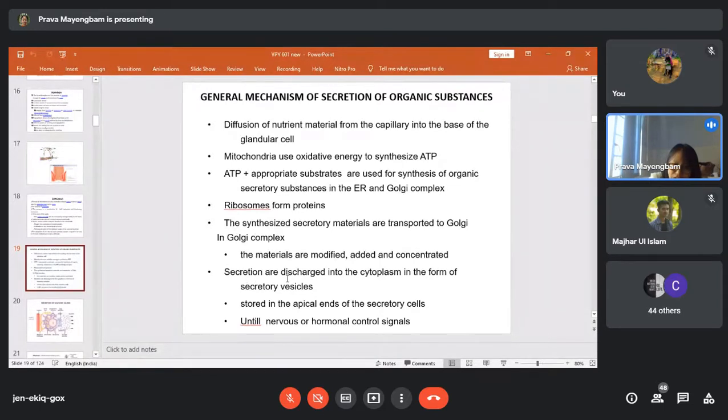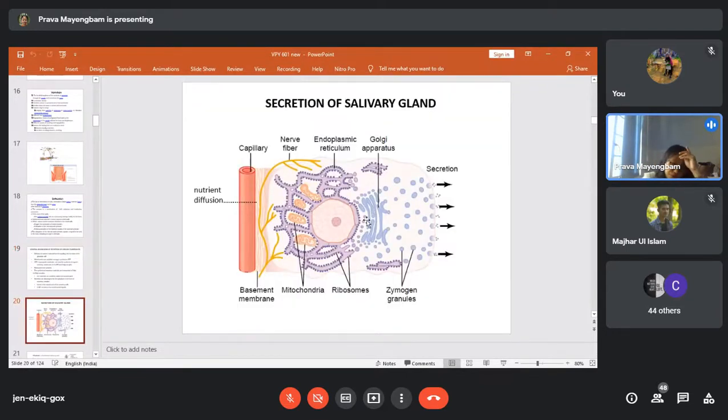They will be discharged into the cytoplasm in the form of secretory vesicles. Initially these vesicles are stored towards the site of their secretion, but slowly they will move towards the apical end. So this is the secretory cell, and those secretions are modified in the Golgi apparatus.